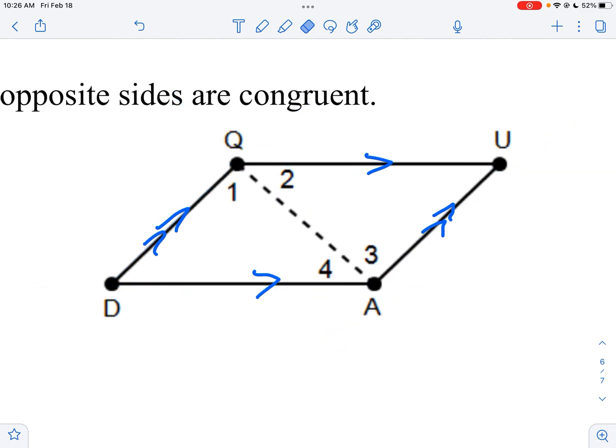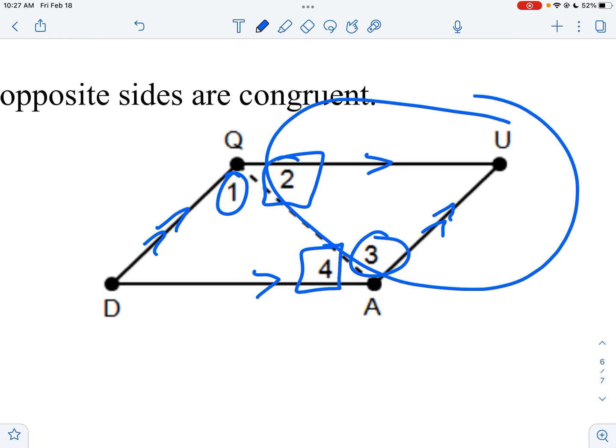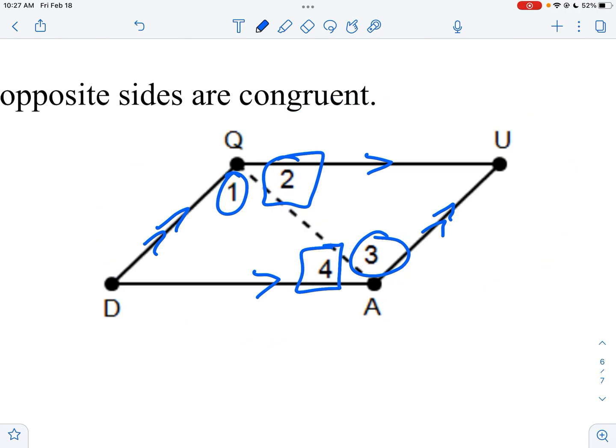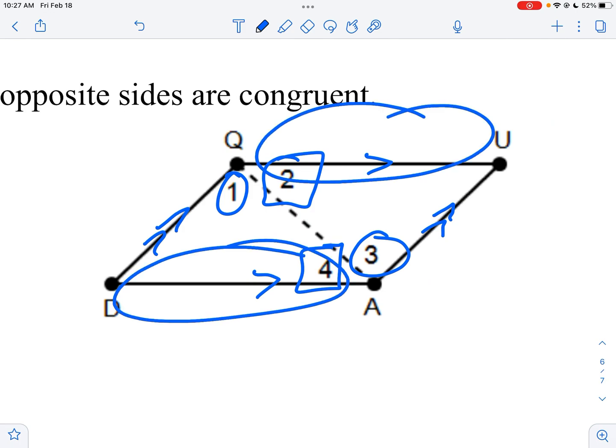So since we have a lot of parallel lines, we can use our parallel line angles to establish that we have congruent angles. And the usefulness of that is, if these angles match and these angles match, we only need one more pair of things to match to show that this triangle up here is congruent to this one. And if those triangles are congruent, then we can say that their corresponding parts are congruent, which would be like this side and this side matching, this side and this side matching.